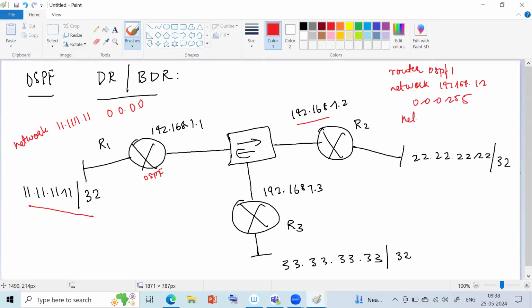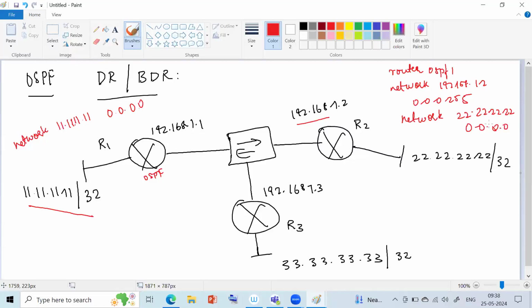Here on the R2 end, you will say network 22.22.22.22, and the wildcard mask becomes all zeros, because it is a /32. By doing this, we will be able to exchange the loopback networks of R1 and R2 with each other, right?